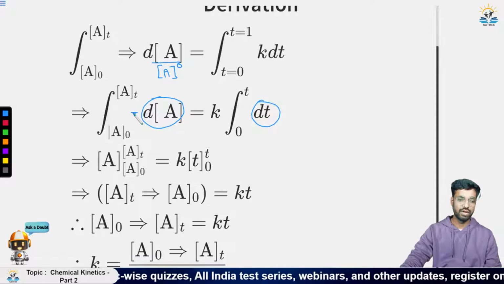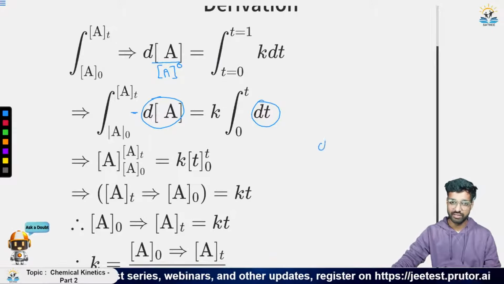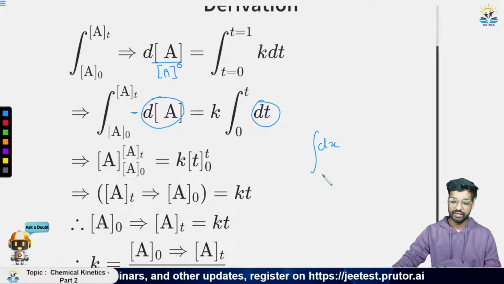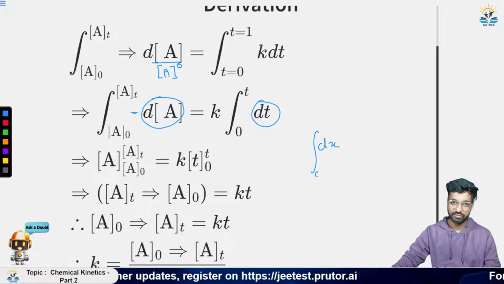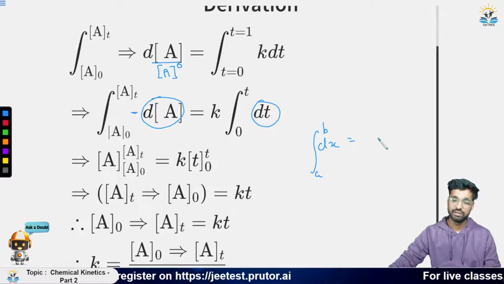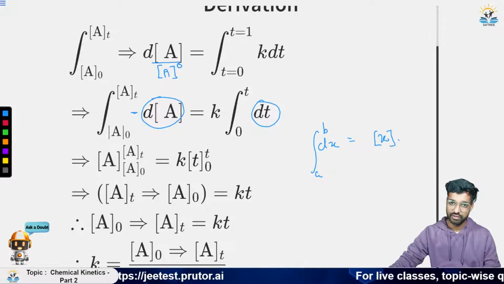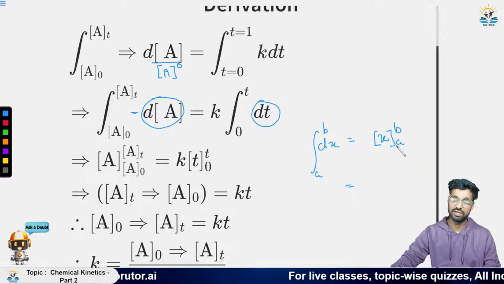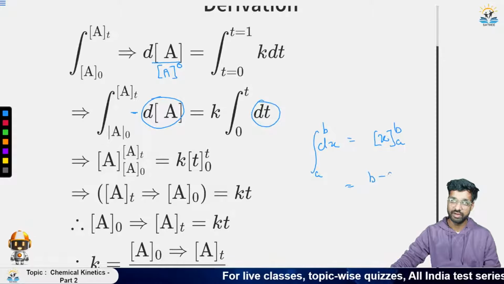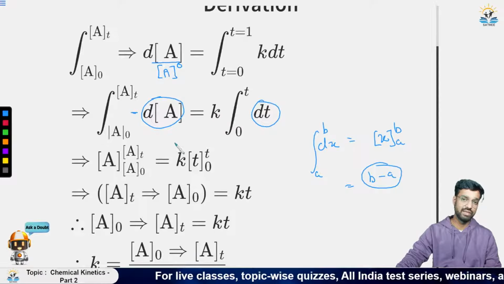Now when we move further, we will integrate it. We know very well that the integration of dx from a to b will be x from a to b, then we put these values, that is final minus initial, b minus a. So we have done the similar thing here.